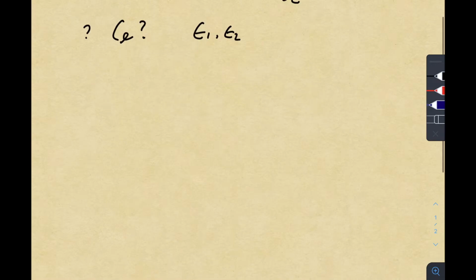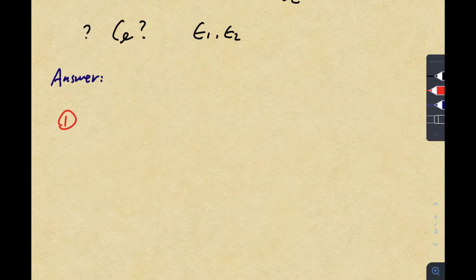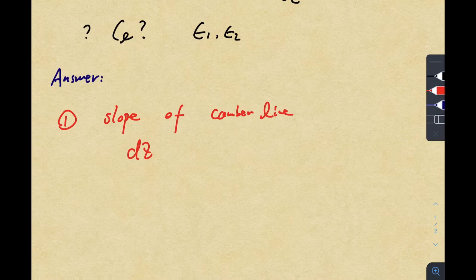Okay, so the first thing we do in order to answer this problem is we compute the derivative of the camber line. So basically we get the slope of the camber line. We just need to compute dz(x)/dx.